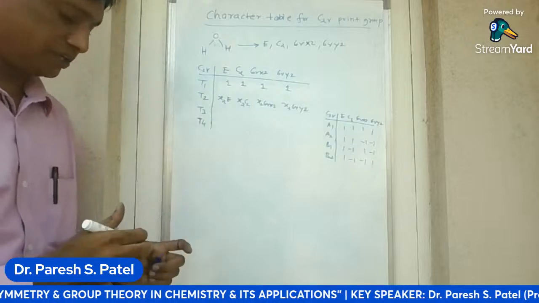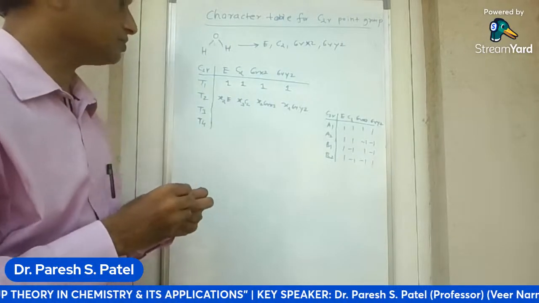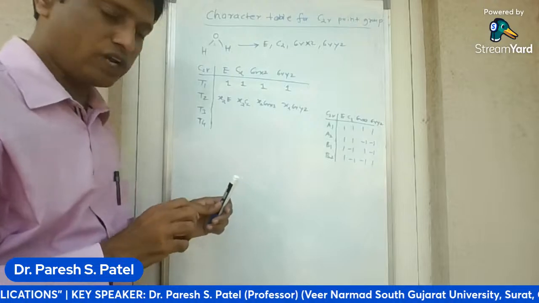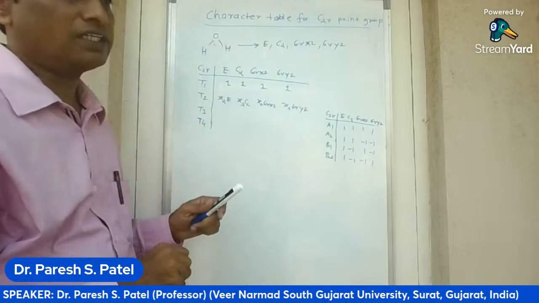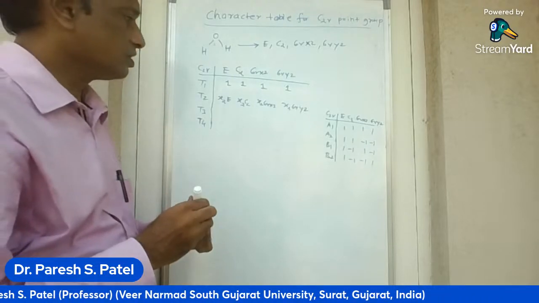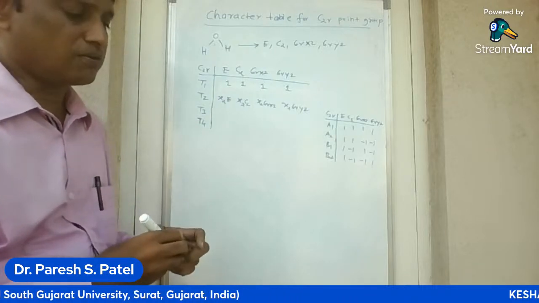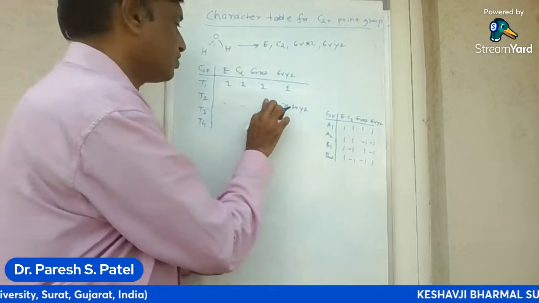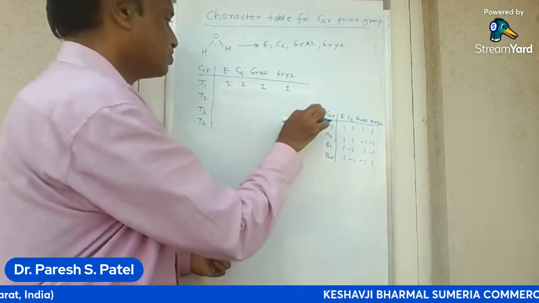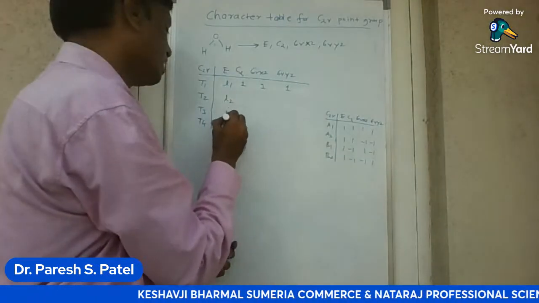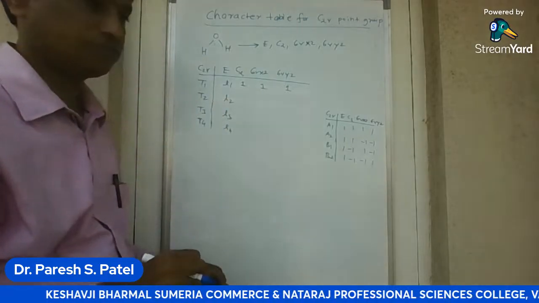Now rule number, I think, second. The sum of the square of the dimension is equal to order of a group. Suppose this one is L1, L2, L3, L4.